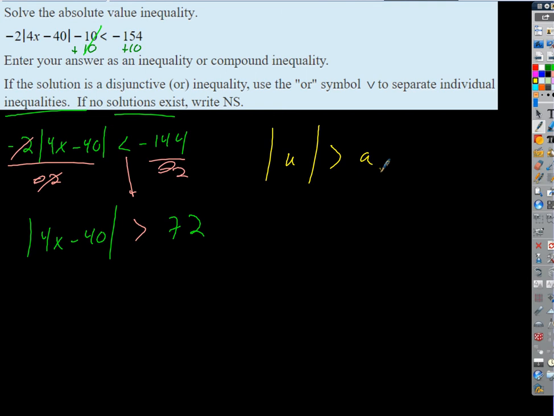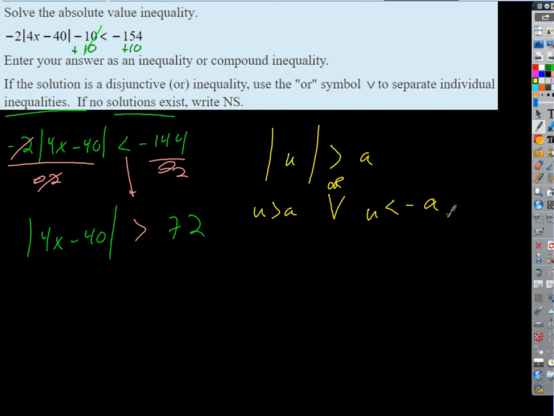Either it's going to be really big and positive, or it's going to be really big and negative, because the absolute value makes it positive. It's got to be bigger than a. It's got to be either more positive than a or more negative than negative a, right? So the trade we make is either u is greater than a, or, that's my or symbol, u is less than negative a, right?